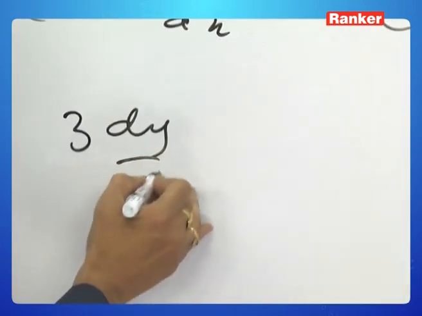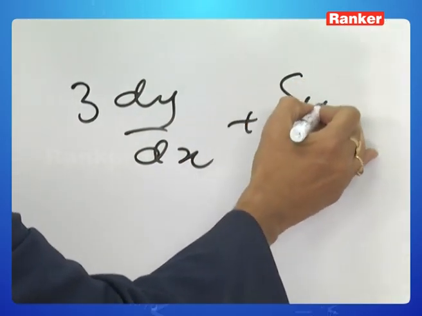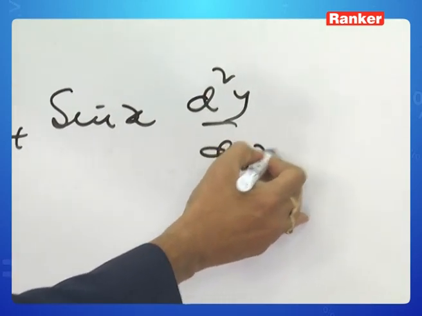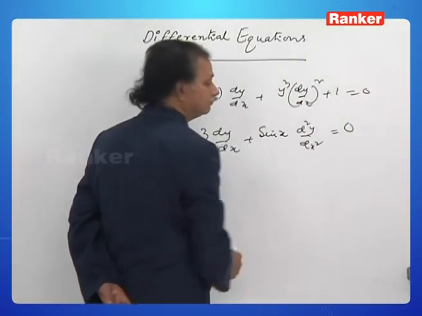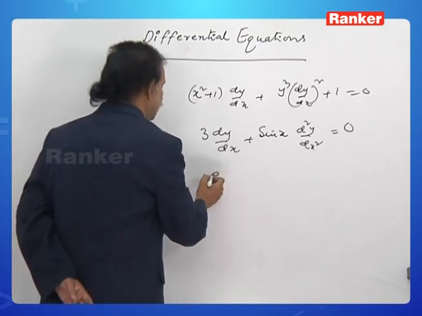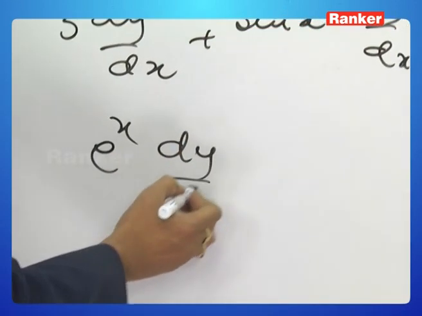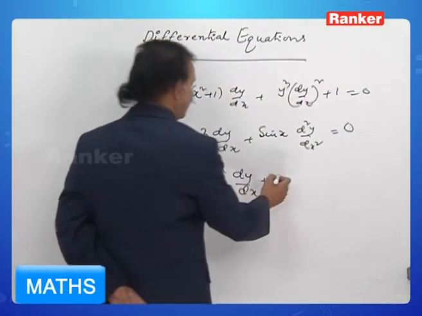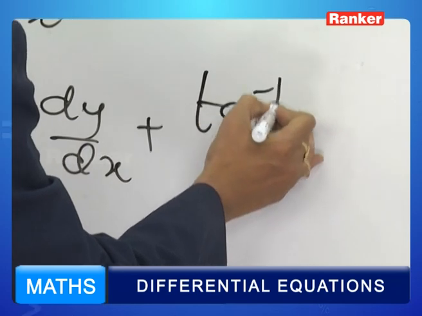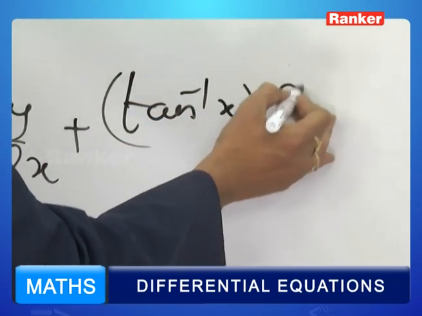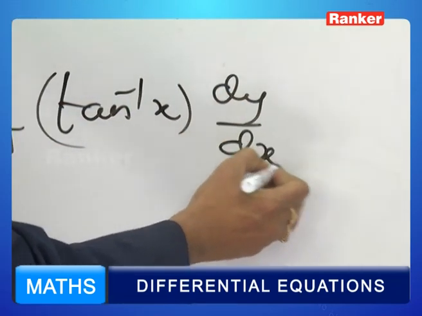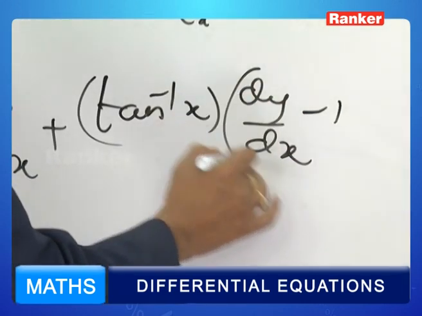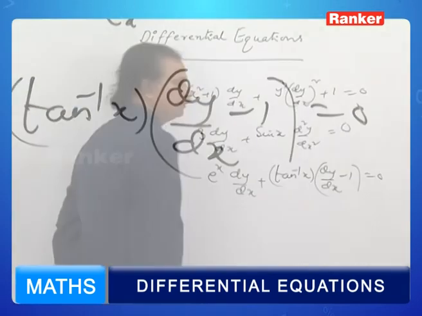3 dy by dx plus sin x into d square y by dx square is equal to 0. One more: e power x into dy by dx plus tan inverse x into dy by dx, 3 tan inverse x into dy by dx minus 1 is equal to 0.